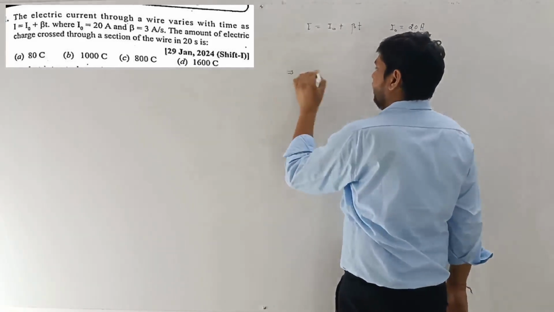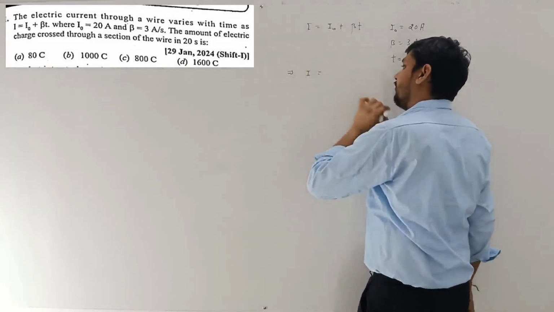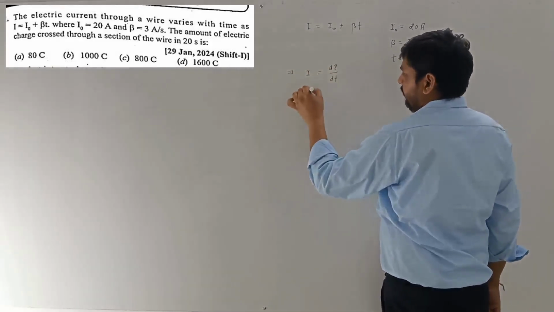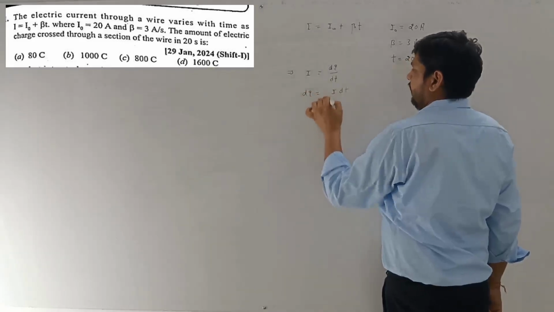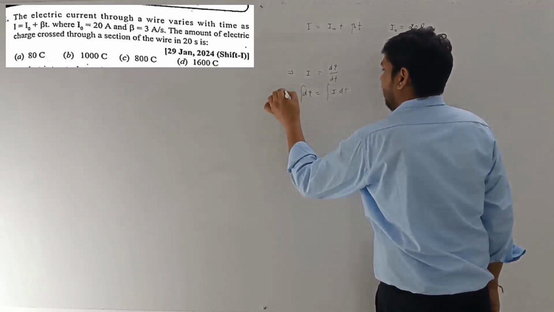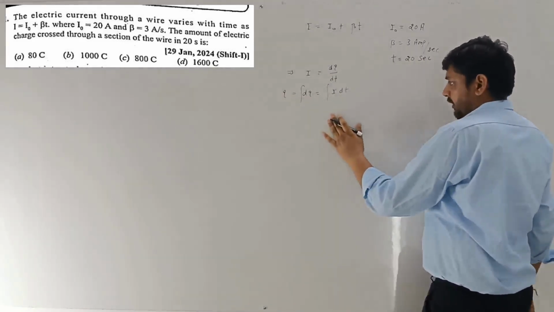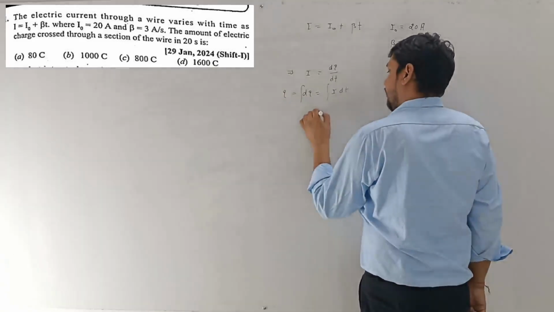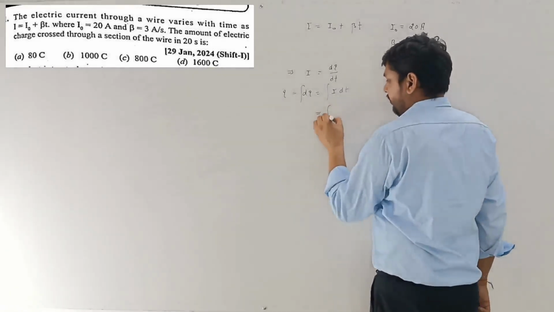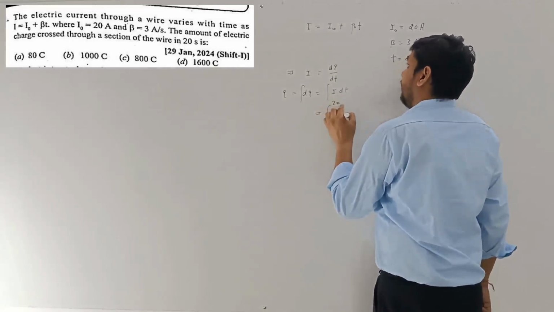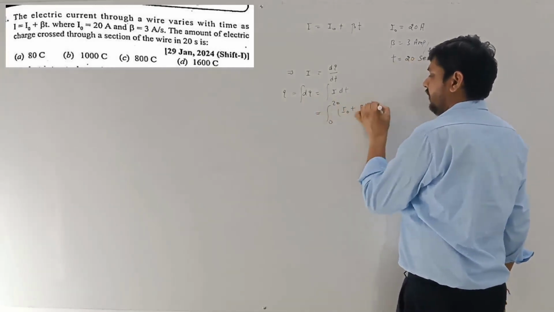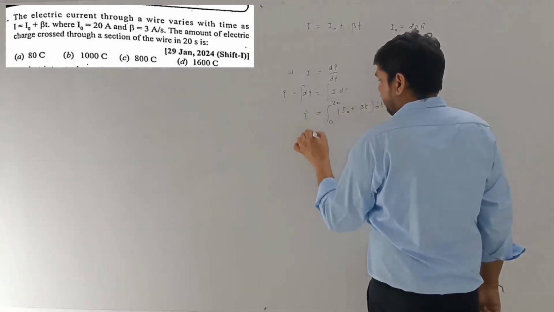We know the formula of electric current is dq upon dt. From here, dq is equal to I dt. If we integrate, the charge is equal to the integration of I dt, with the time interval 0 to 20 seconds, where I is I naught plus beta t.